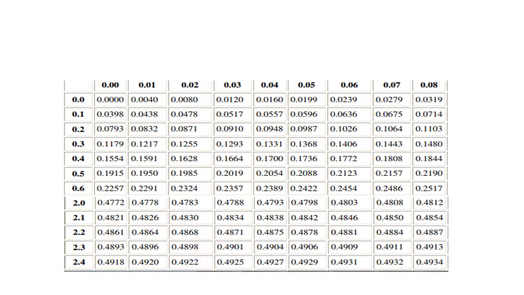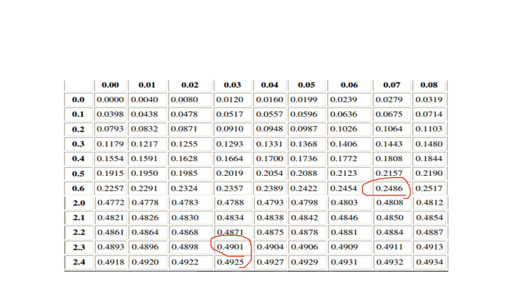Okay, so this is the area from 0 up to 2.33, and we can get the area from 0 up to 0.67. This is 0.6, and this is 0.7, at the intersection I can mark the area. Okay, so this is the area from 0 up to 0.67.